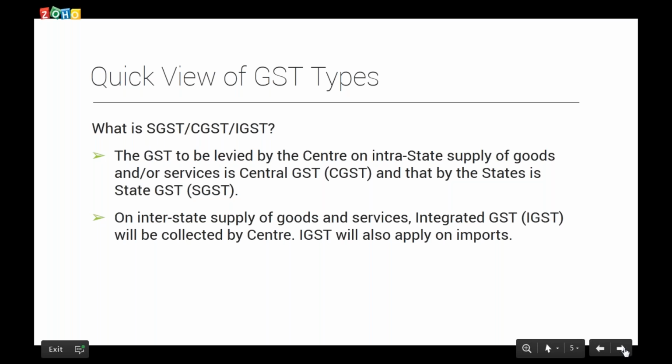GST levied by the center on intra-state supply of goods or services is called CGST, and that levied by the state is called SGST. And for interstate supply of goods and services, it is called IGST. We'll be using these types of GST taxes in our software.